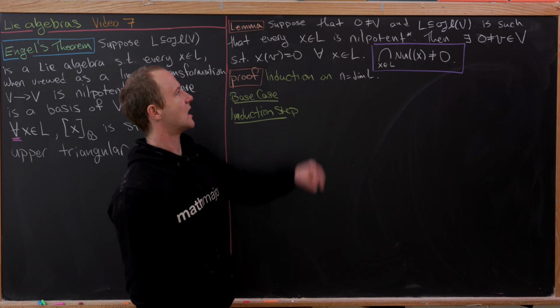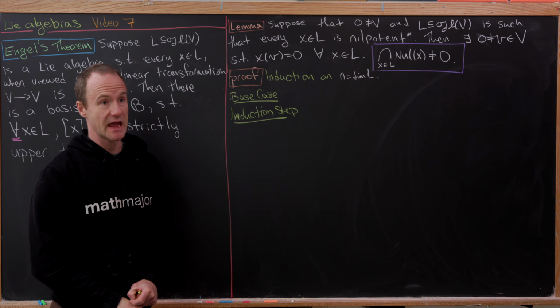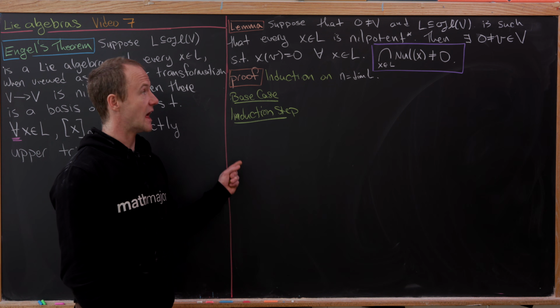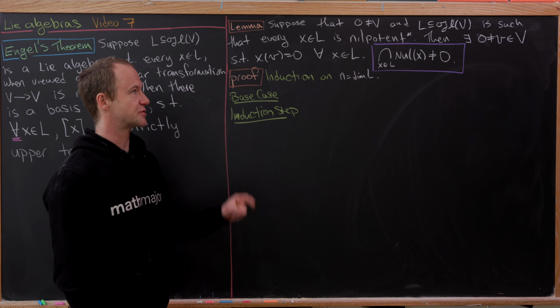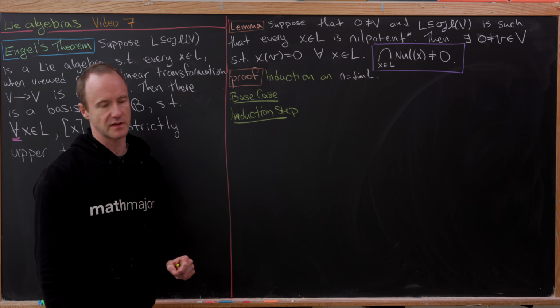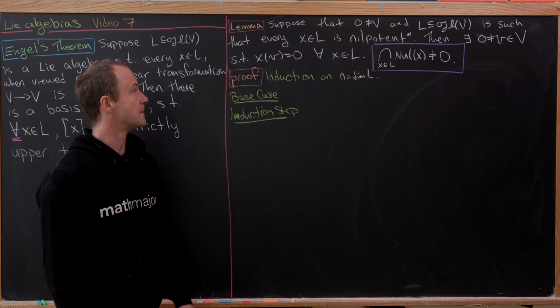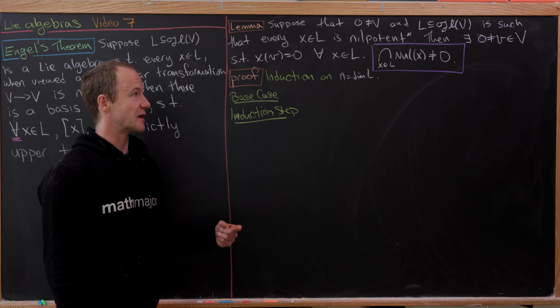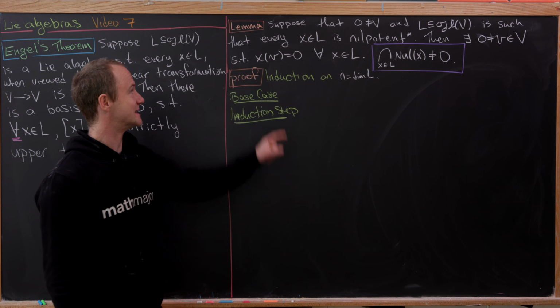Let's suppose we have a non-zero vector space and a Lie algebra L, which is a subalgebra of GLV. So that's the Lie algebra of linear transformations on V. And then that Lie algebra L satisfies the following condition.